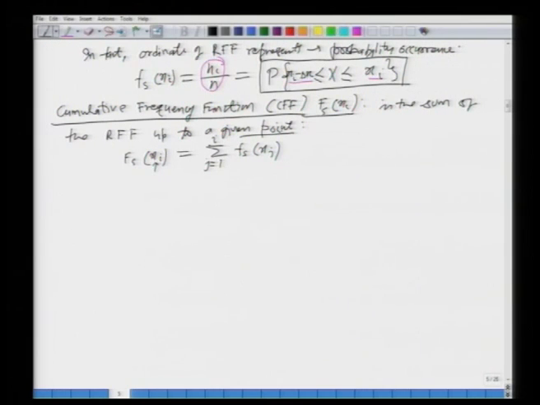It is the summation of everything before it. Again, this will represent the probability of your random variable x having a value less than or equal to x_i.